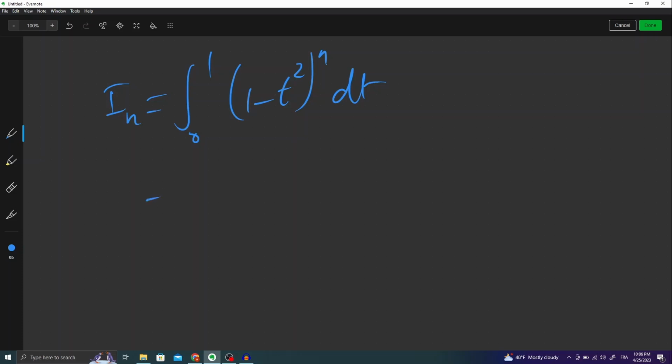We can do that by using integration by parts, and this is the integral from 0 to 1 of t prime times (1 minus t squared) to the power of n dt, okay?